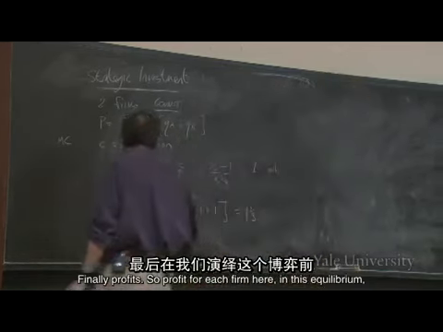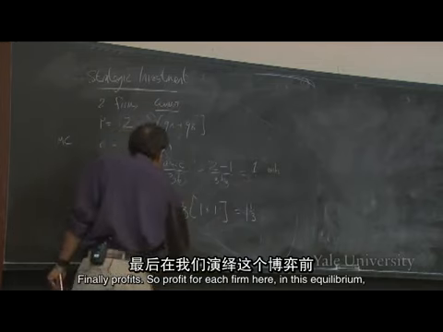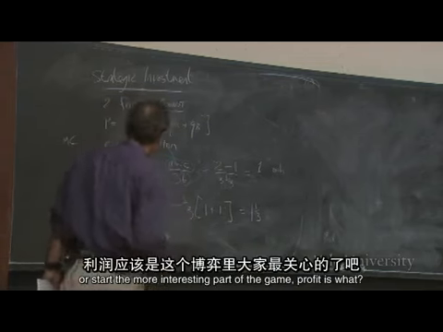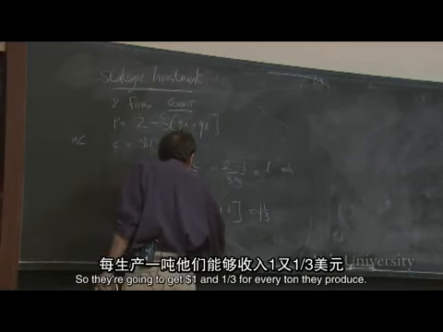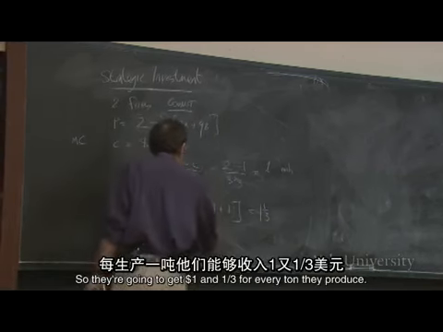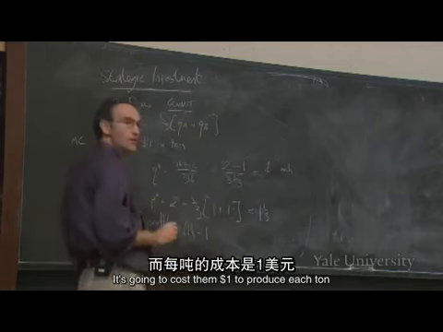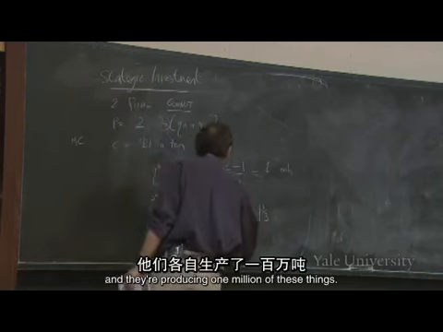And finally, profits. So profit for each firm in this equilibrium, before we start the more interesting part of the game, is what? They're going to get $1.33 for every ton they produce. It's going to cost them $1 to produce each ton, and they're producing 1 million of these.